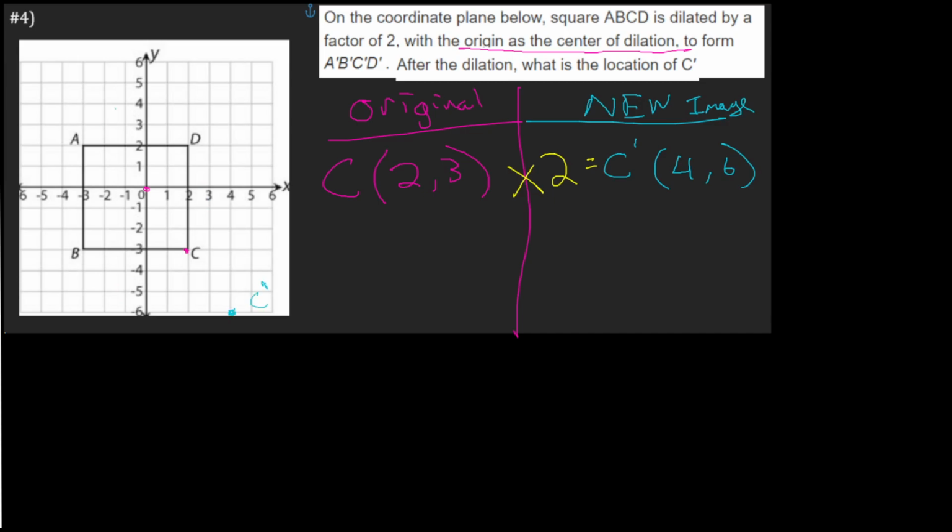If I notice, originally I was 2 steps to the right, now I am 4 steps to the right, and I was 3 steps down, now I am 6 steps down. So that makes sense. Sorry, this should be negative and negative. There we go. So C prime is going to be 4, -6.